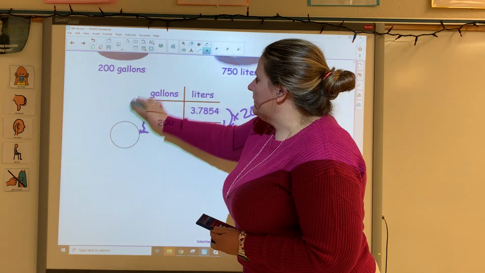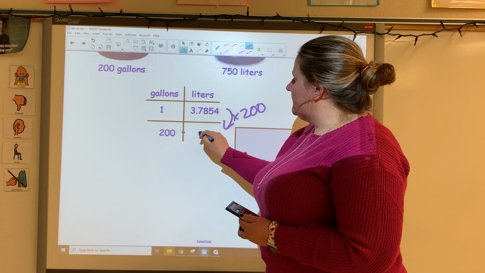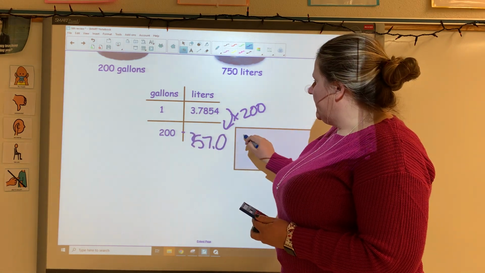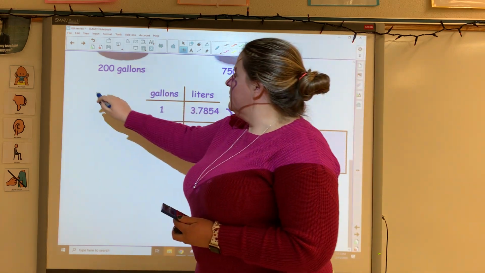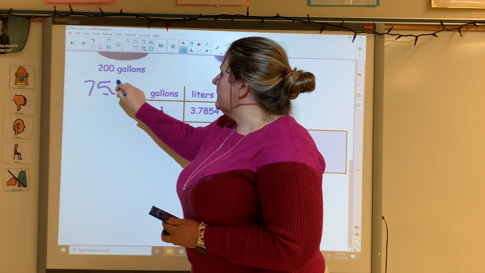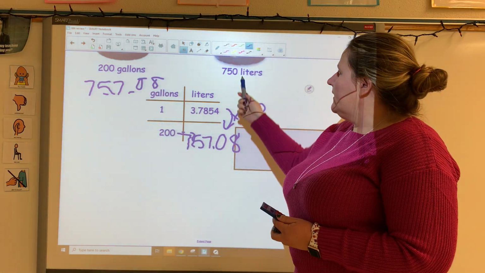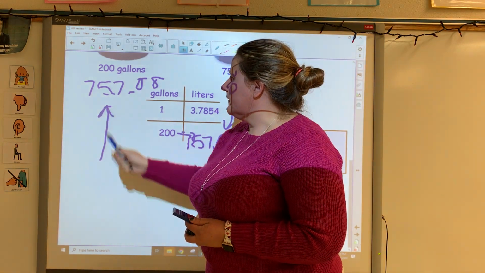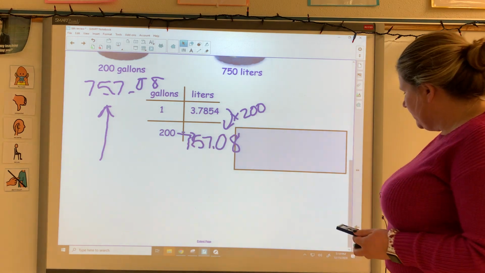Multiplying both by 200. So when I multiply them by 200, I get 757.08. So what does that mean? That means this pool here is 757.08, and that one's 750. So this one is bigger. Now, I'm sorry about the board. I'm not sure why it's acting up all of a sudden.